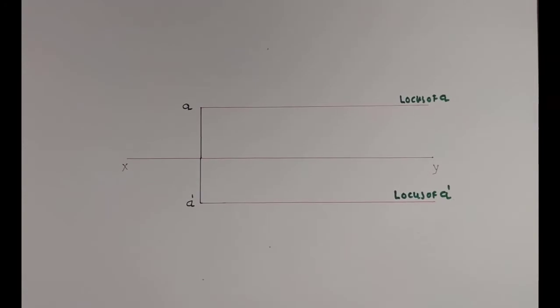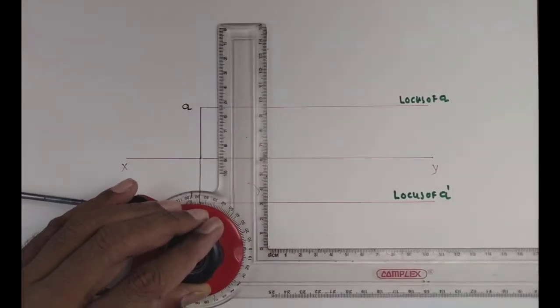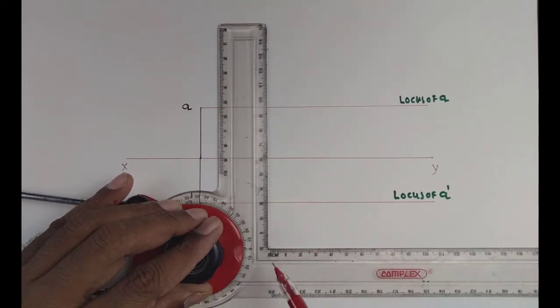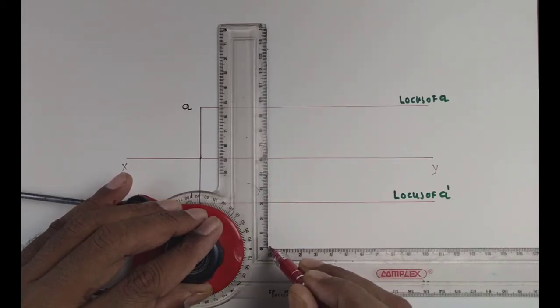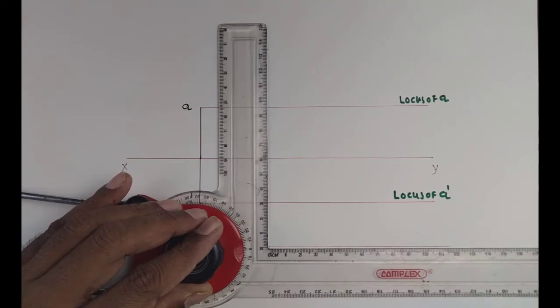Now the other end of the line AB, the B end, is given 60 mm below HP. So what I do? First I take one reference point 60 mm below XY line. From this point we draw one line parallel to XY.